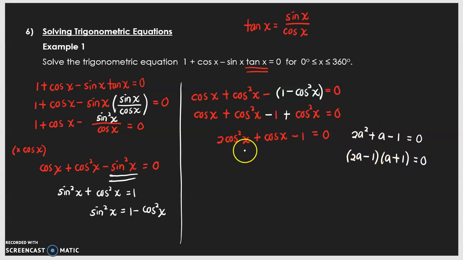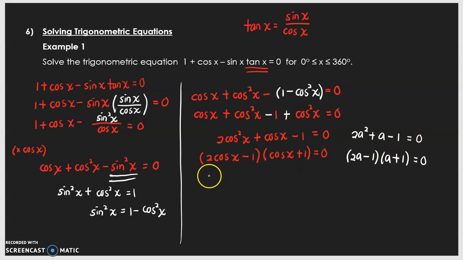But now our equation is in terms of cos x. So I just change a to cos x. So here is 2 cos x minus 1 times cos x plus 1 is equals to 0. So you can refer here, actually, a is our cos x.